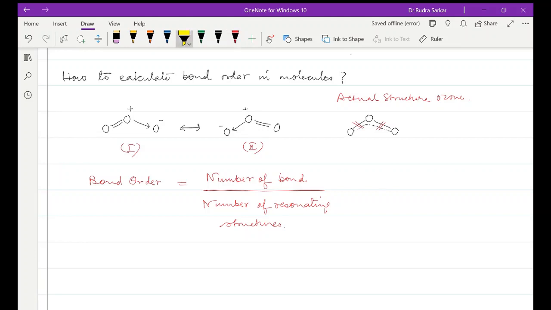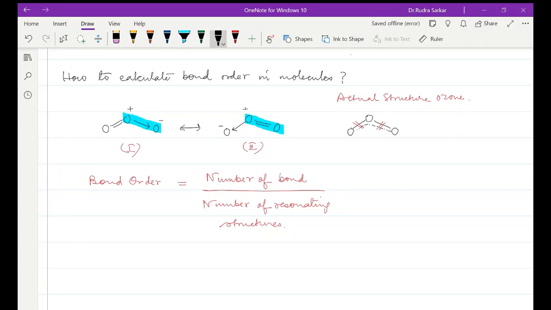Please understand, over here we will choose one particular bond in a molecule or in the resonating structure. Say I'm choosing these two atoms and I see that there is only one coordinate bond over here. Again, I will choose in the other resonating structure these two oxygen atoms, and then I will find how many bonds are there. I will say 2.